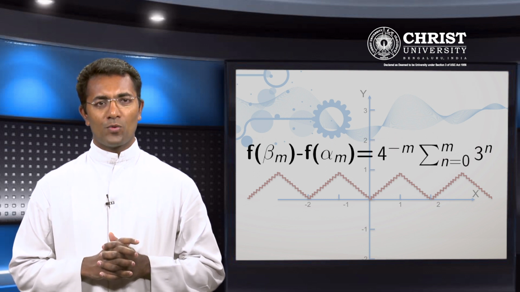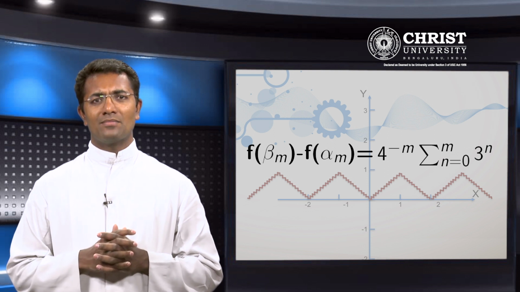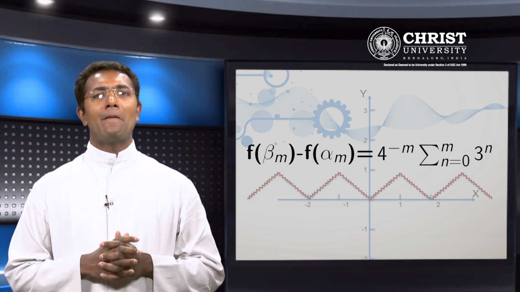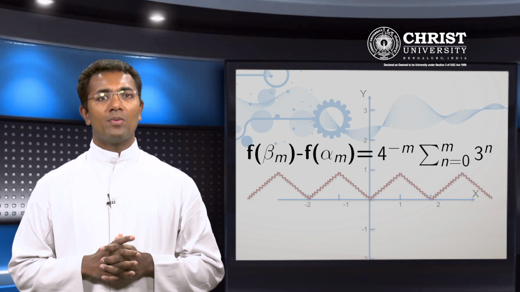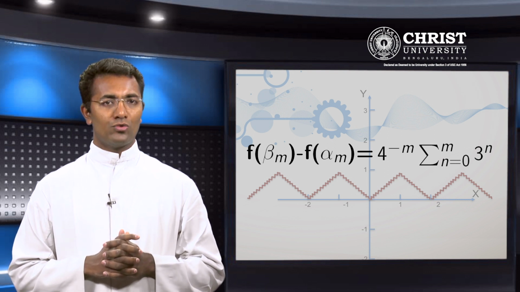Cancelling 4 power n and pulling out 4 power minus m from the sum, we get f of beta sub m minus f of alpha sub m is 4 power minus m into summation n varying from 0 to m 3 power n.